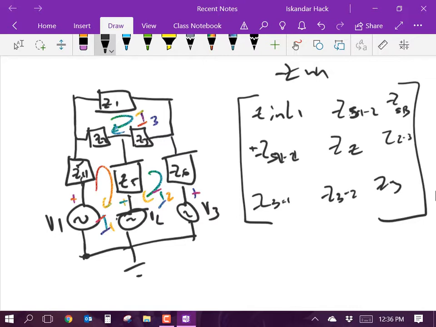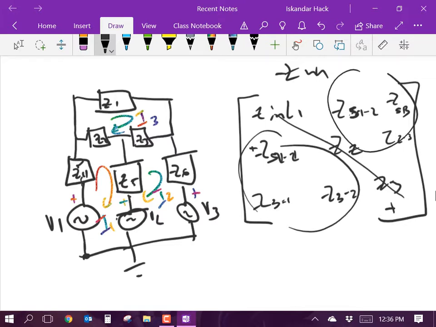Now, as it turns out, if you draw all your loops clockwise and they're all internal, everything on the main diagonal has to be positive. Everything off the main diagonal is going to be either negative or 0.